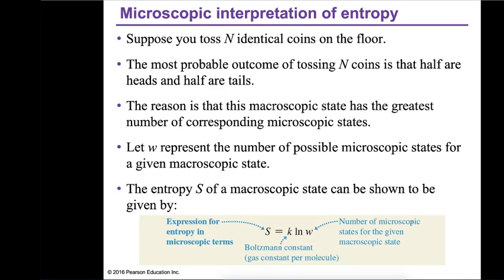If we let W represent the number of possible microscopic states for a given macroscopic state, then the entropy of a macroscopic state can be shown by this equation: S equals k ln W. Here k is the Boltzmann constant, and W is the number of microscopic states.